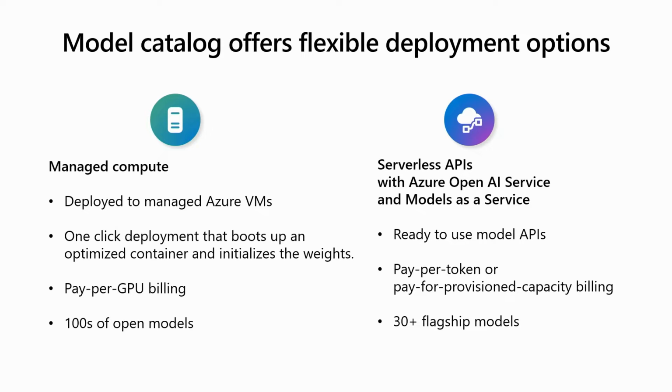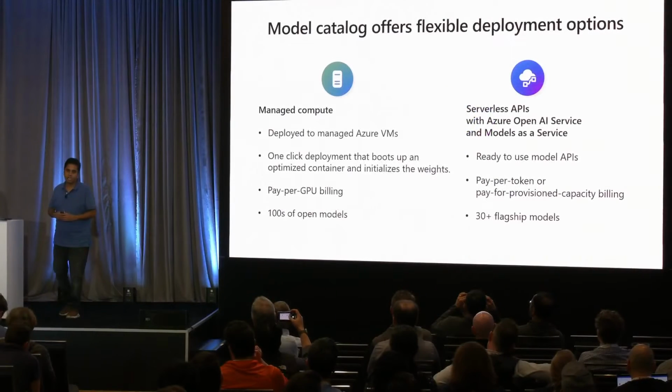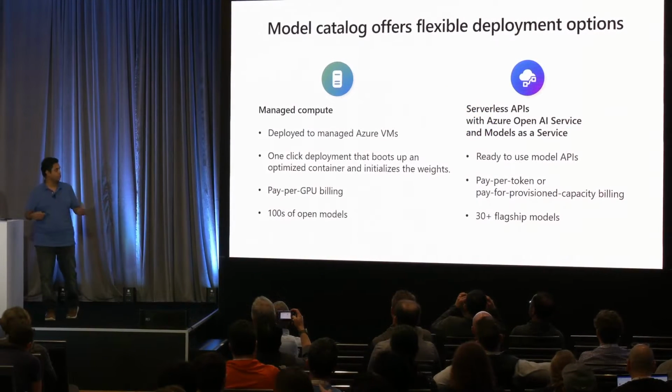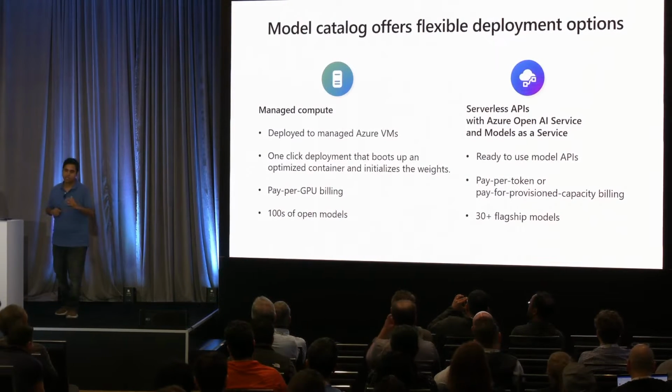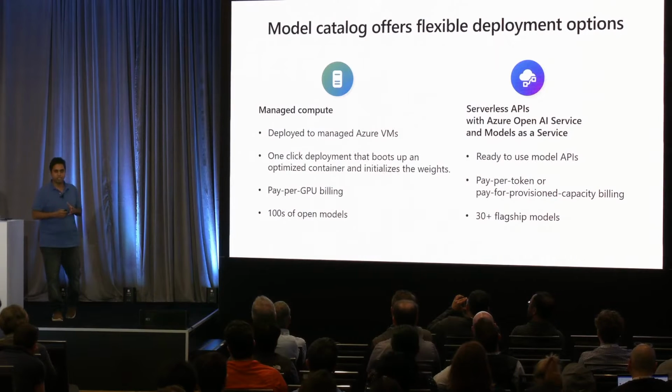But then we also have this serverless API option, super easy to get started. The Azure OpenAI service has delivered models as APIs for 2 years now. And we recently introduced models as a service to bring a bunch of other models into the fold and offer them as APIs. So very easy to get started, cost effective because you are paying by the token.